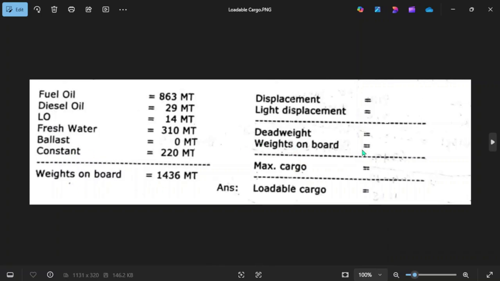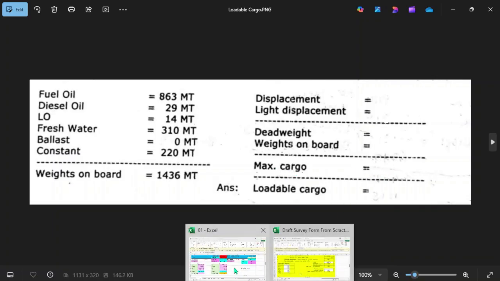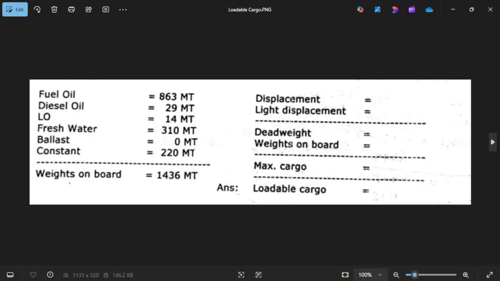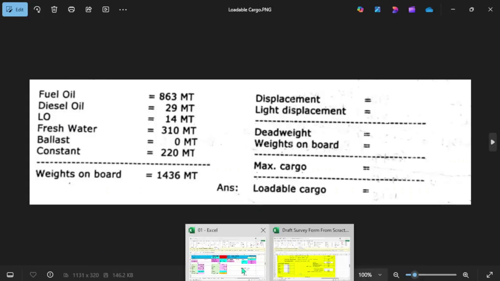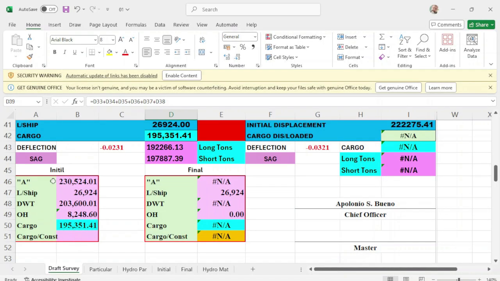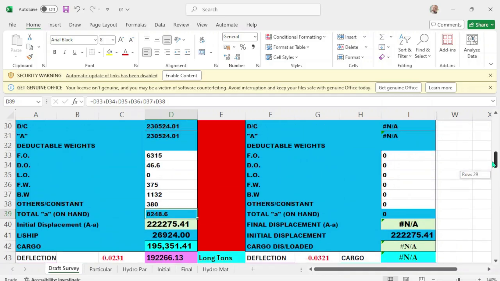So your weights on board, then your sum will be maximum cargo. This will be your cargo, which is this one. Okay, I'm sorry. This is for my checking, but the actual operation is this one.